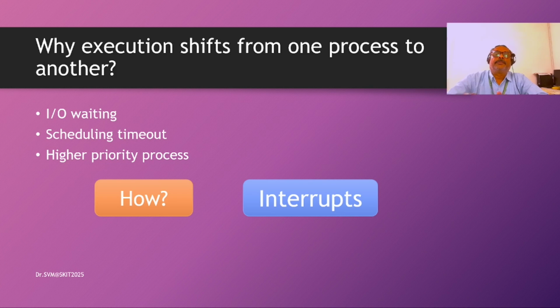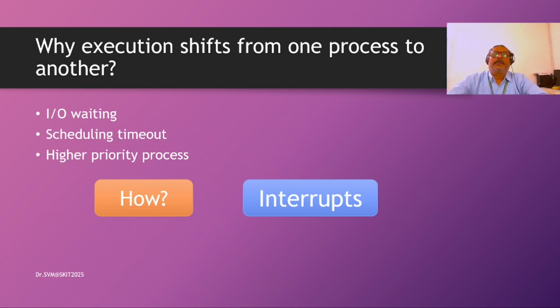Therefore the process changes its state from running to waiting or blocked state, and then the next in the ready queue gets a chance to run. If it is a scheduling timeout, then we run a scheduling code that identifies who is next in the queue, and that next process will be given another time slot to run.